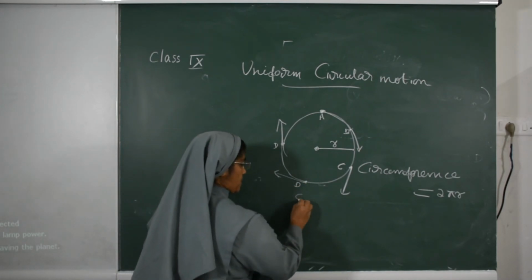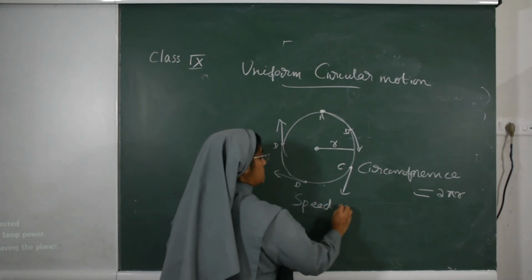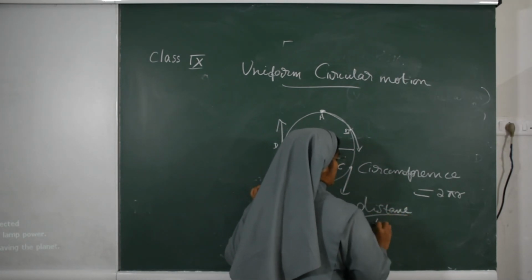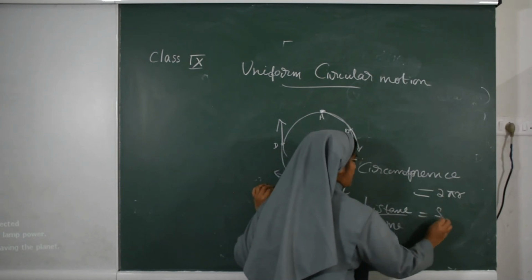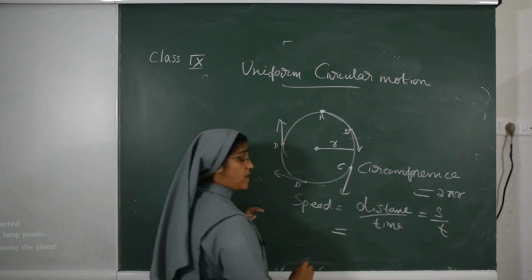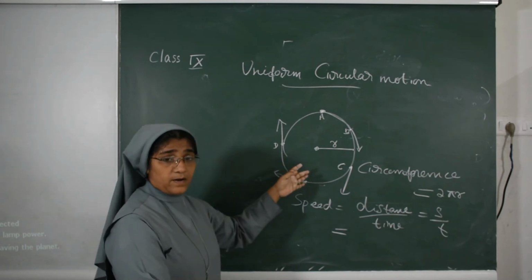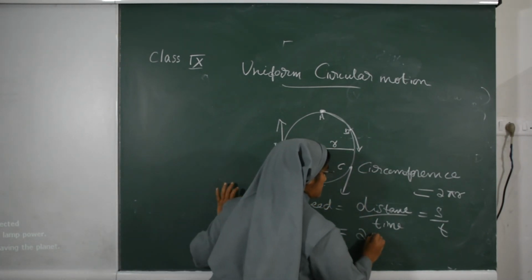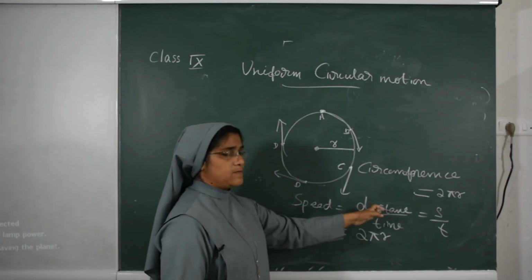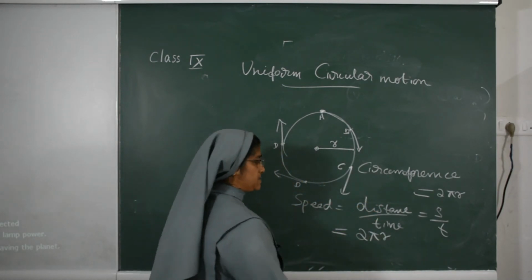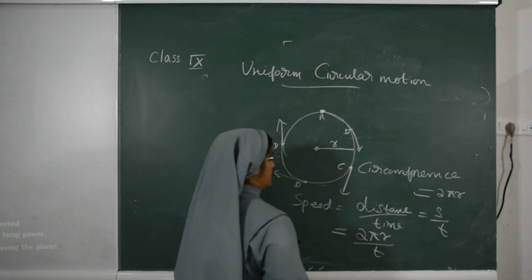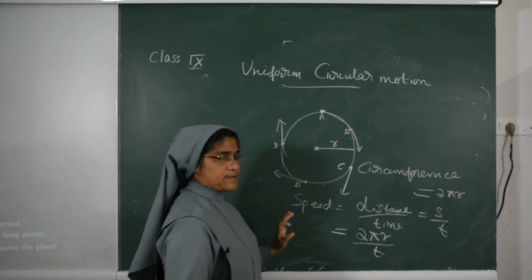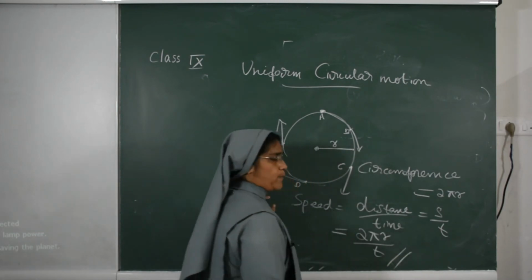Speed is equal to distance upon time. The distance covered is 2 pi r and the time is T. So the speed of the athlete is 2 pi r upon t.